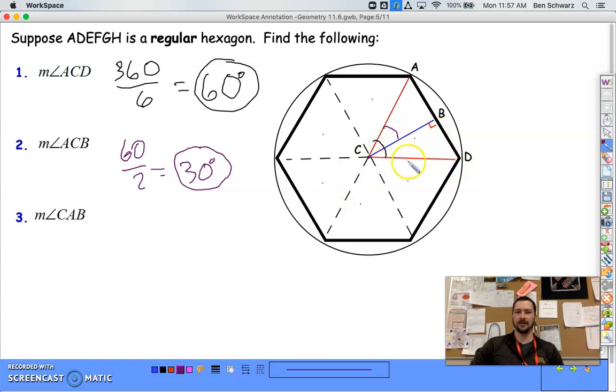So that's why these two angles are the same. And then finally CAB. So if we want to find CAB, so this angle, well, we know triangles add up to 180. So 180 minus the 90 here, minus the 30 here, would give us 60 degrees. And that's that.